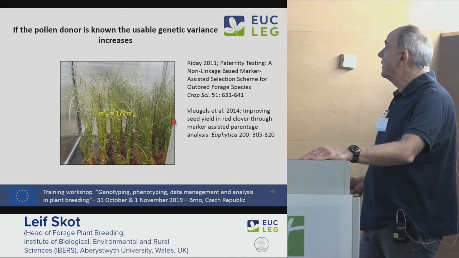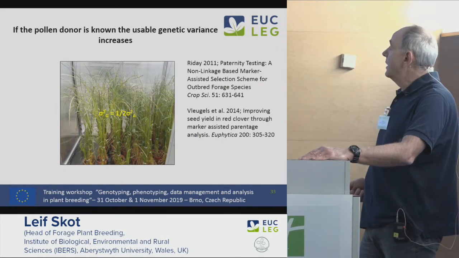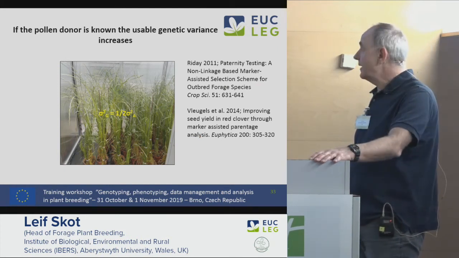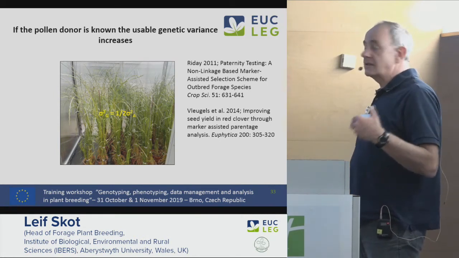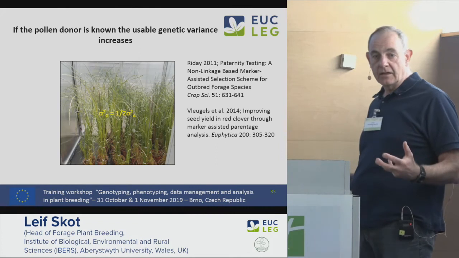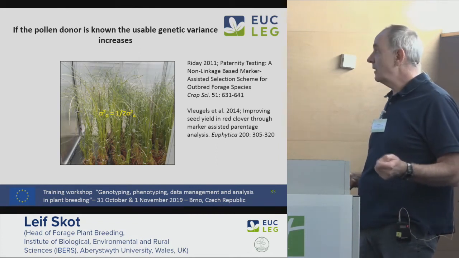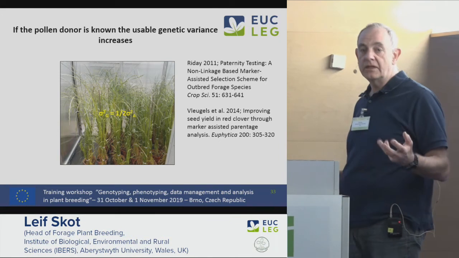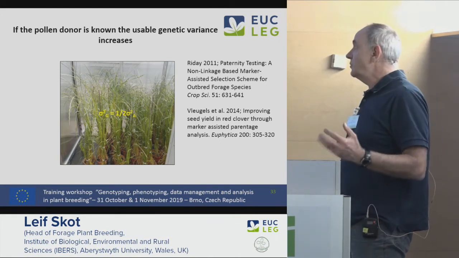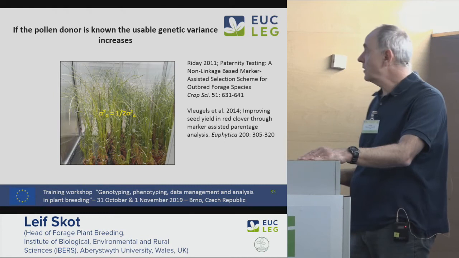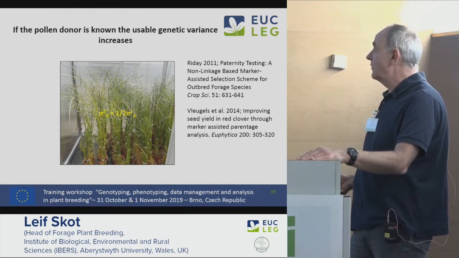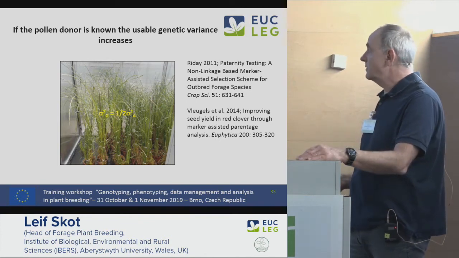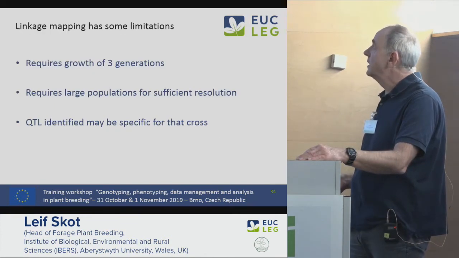There is also other work that has been done, specifically on red clover, here, and some of the people are in the room, so you can ask them specific questions. That's a useful place where markers can do some good, particularly SSR markers, because you don't need very many to identify your pollen donor. So I think that's a very nice example of where markers have been utilized to some good effect.